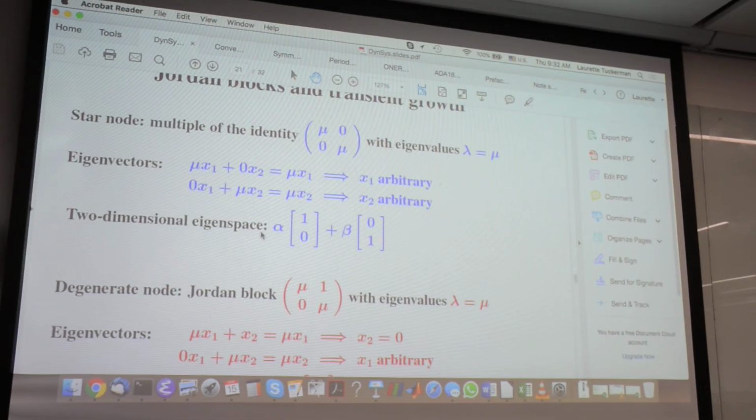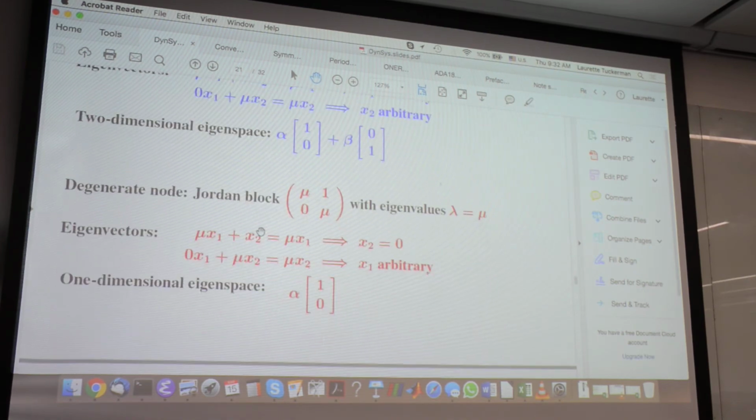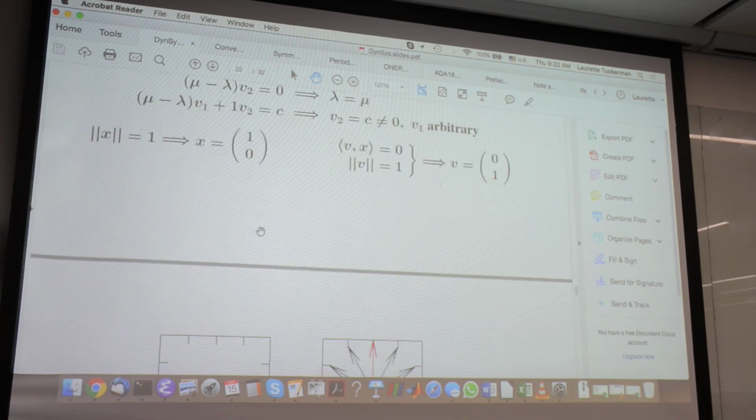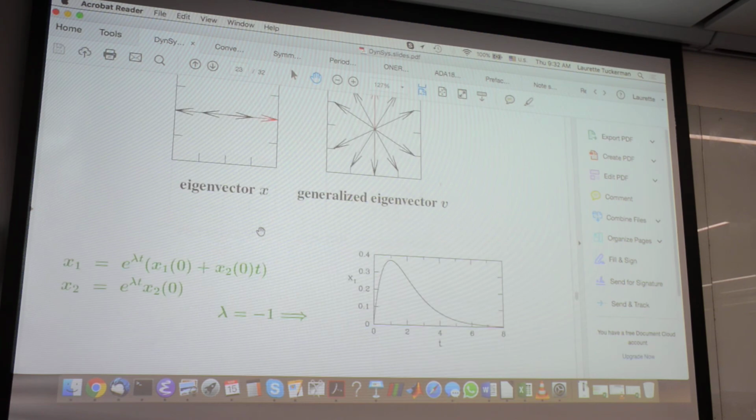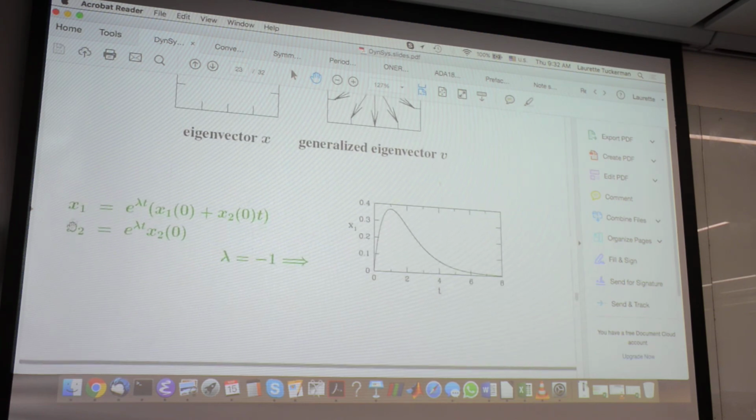Here is a two-vector, a two-dimensional dynamical system, so not 2D fluid flow, just two variables. But we have a single eigenvalue, lambda, and say the lambda is negative, so everything should decay.